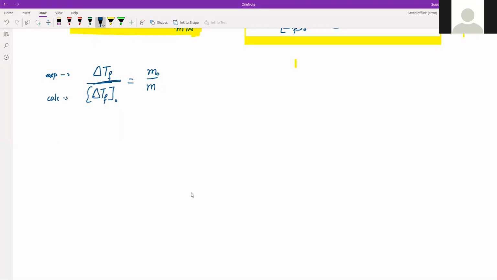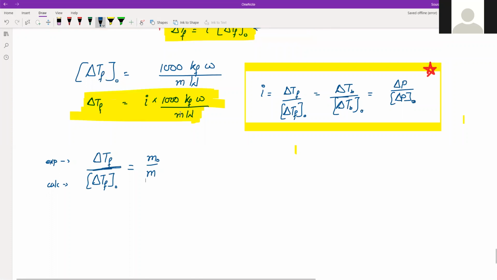What is that? If you see carefully, this delta TF is inversely proportional to molar mass. Here we can see that delta TF and molar mass are inversely proportional, correct? And what is delta TF by delta TF naught? That is actually equal to I.